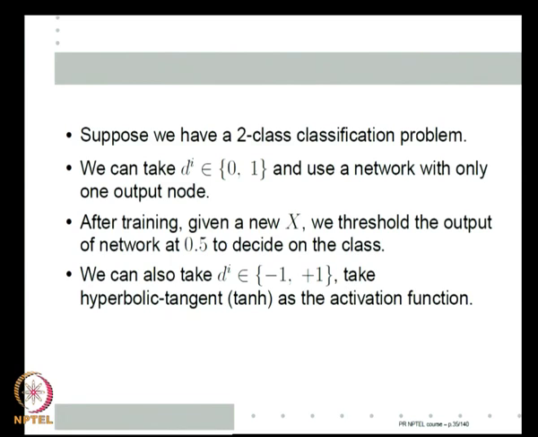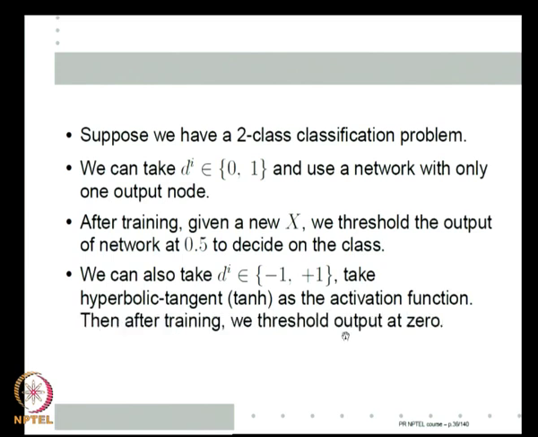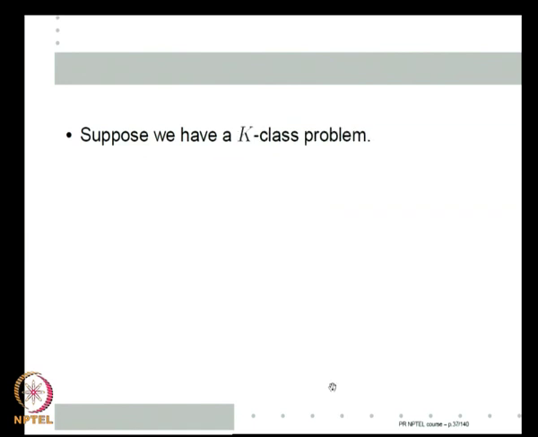I am using only one output node. So, my desired output is a scalar, and I am saying either use 0 and 1 as the desired output or minus 1 and plus 1 as the desired output. If I use 0 and 1, I use sigmoidal activation. If I use minus 1 and plus 1, I use hyperbolic tangent as activation. And if I use this, obviously after training, we threshold it at 0 instead of at 0.5 in this case. Okay. So, it is fairly clear how to use it for a 2 class classification problem.